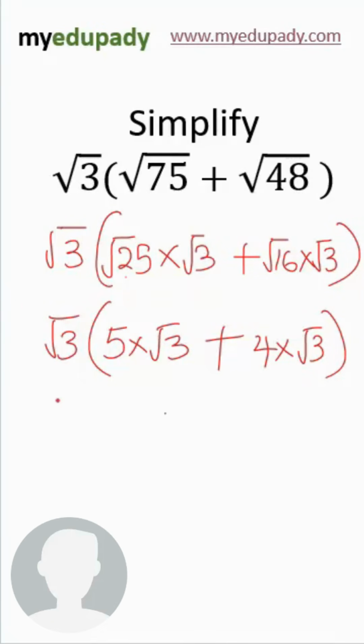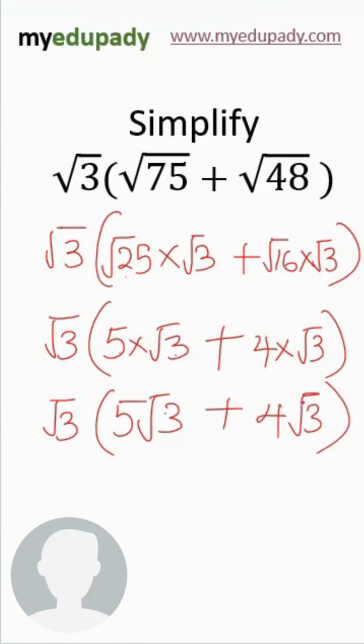Root 3 into 5 times root 3 will give us 5 root 3, and this also gives us 4 root 3. You are not at any point using the number outside to multiply the number inside if both of them are not in surd form. Since they are similar terms now, I can add them together.